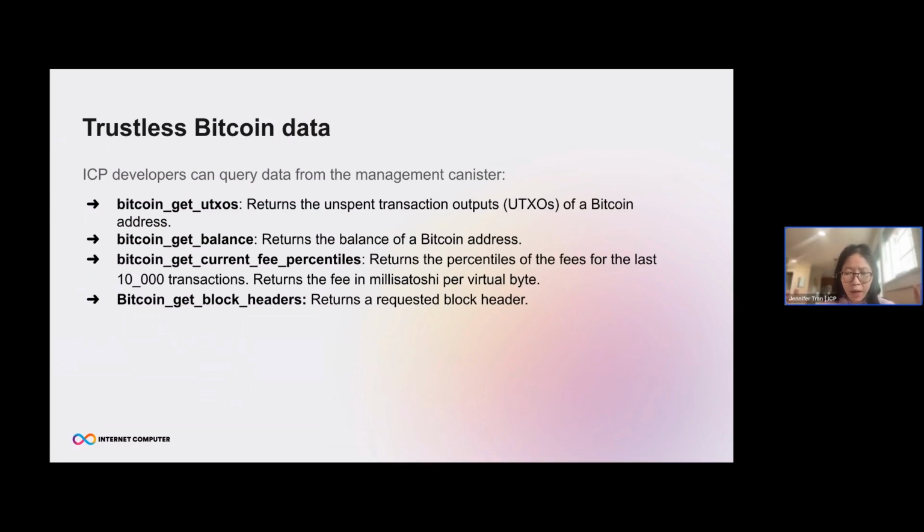What I've seen a lot of teams do is take some of this data and do something programmatically with it. For example, they'll call what your balance of Bitcoin is, and if your balance is over, I don't know, 200 millisatoshis, maybe you get an NFT or something like that. You would need something you can verify in order to do that, and you can do that directly in an ICP canister smart contract.